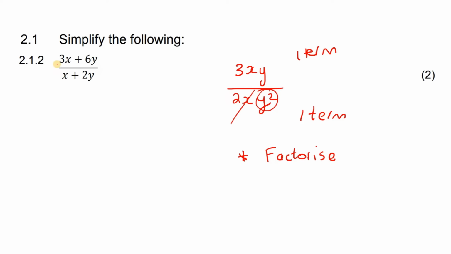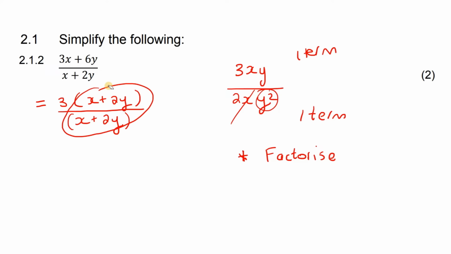So if you look at the top, you could take out the number 3. Remember, a common factor is always the factorizing we should try first. So you would take out a common factor of 3, and then you would be left with x plus 2y. And then at the bottom, you've got x plus 2y. Now, when you have a situation like this where this entire part is the same, you could think of that as 1 term.